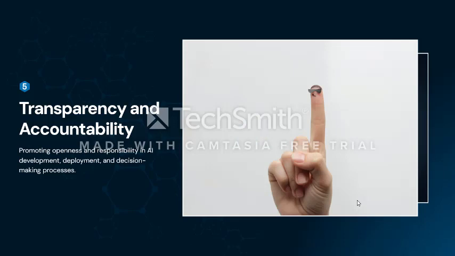As AI is everywhere, there should be transparency as well as accountability in the system. As you can see, this means promoting openness and responsibility in AI deployment, development and decision making processes.